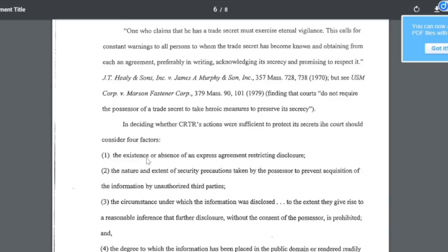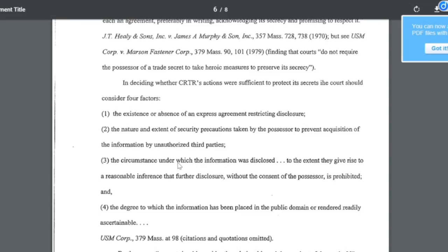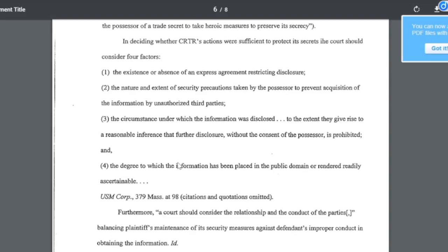So the court looked at factors including the existence of an agreement, which did not exist, the nature of security precautions taken, which the court found were minimal, if any, the circumstances under which information was disclosed, and the degree to which the information had been placed in the public domain. And the court concluded that in this case, there were no expectations of confidentiality, and therefore, this case was dismissed.